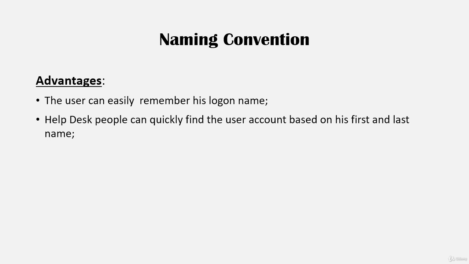As we said earlier, with this naming convention, users can easily remember their logon name. Also, the help desk job can be facilitated. Based on the user's first name and last name, they can easily find the user account on which they need to perform a task.